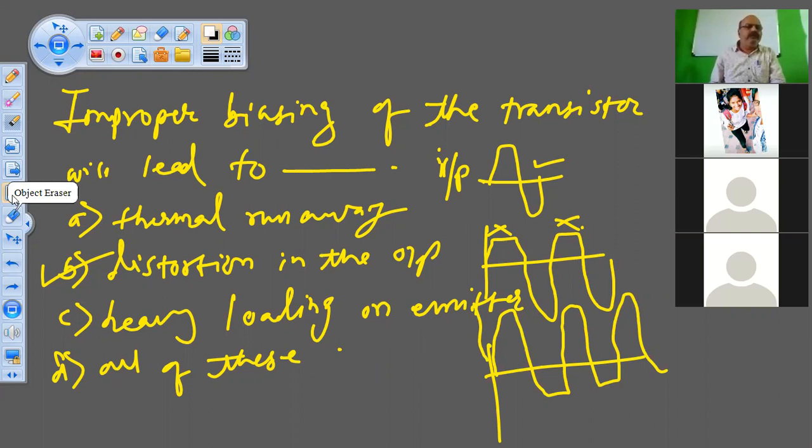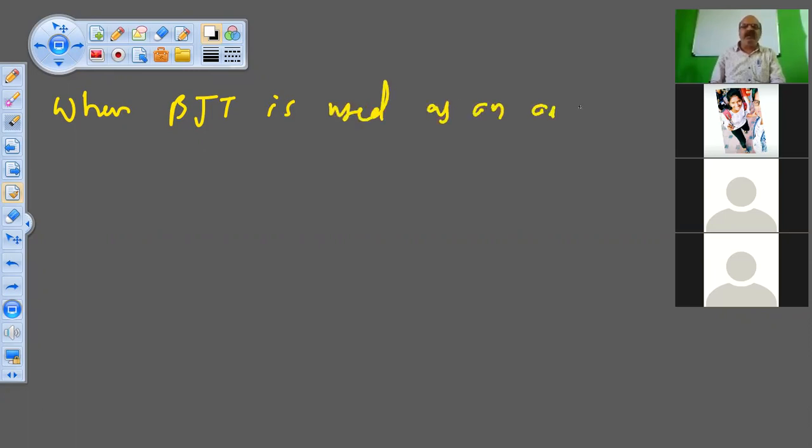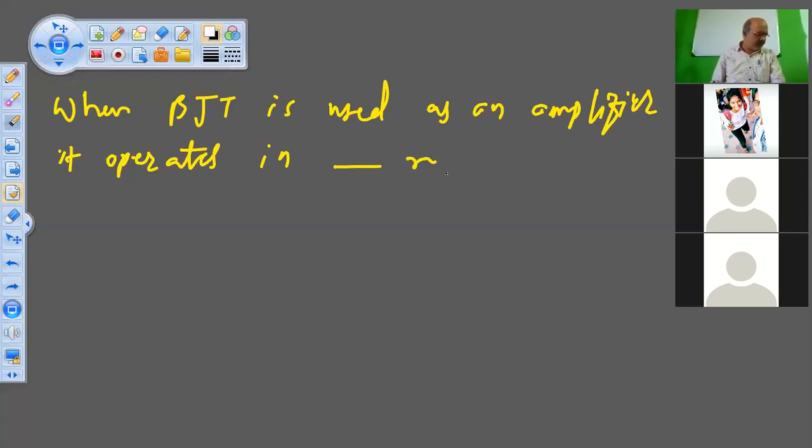Yeah. One more question. When a BJT, that is bipolar junction transistor, is used as an amplifier, it operates in dash region.